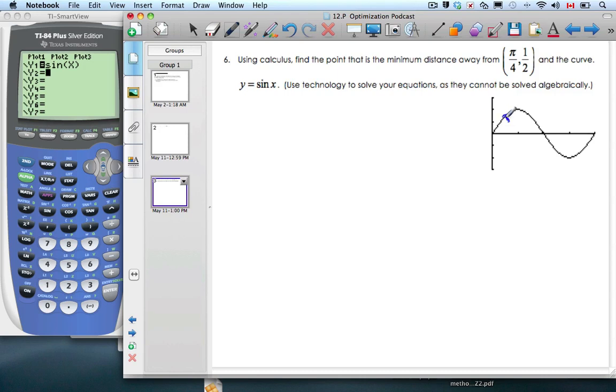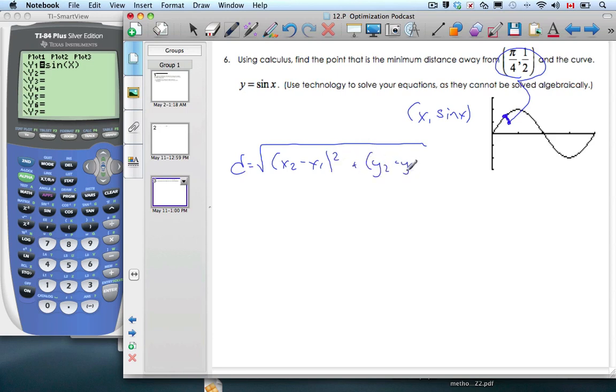Well, I know the point on the curve is simply going to be x for my x and sine x for my y. That's the value of the y curve. Now if I want to find the distance, I can use the distance formula, which is equal to the square root of (x2 minus x1) squared plus (y2 minus y1) squared.